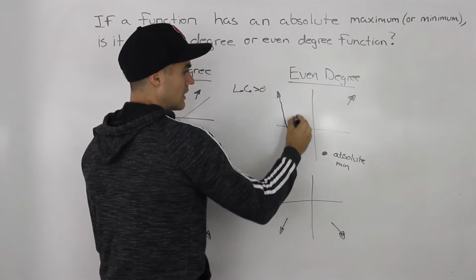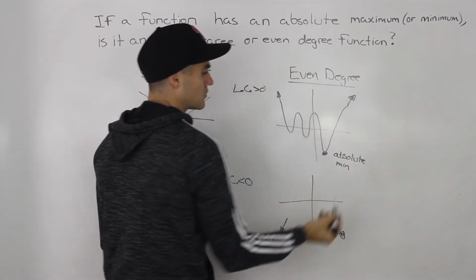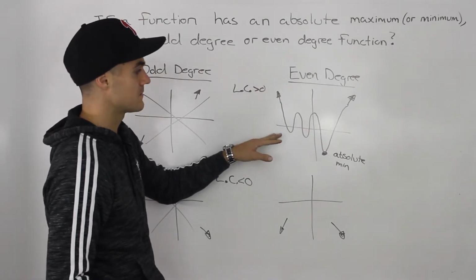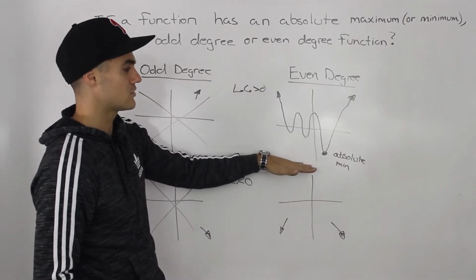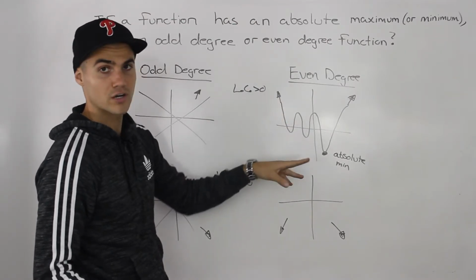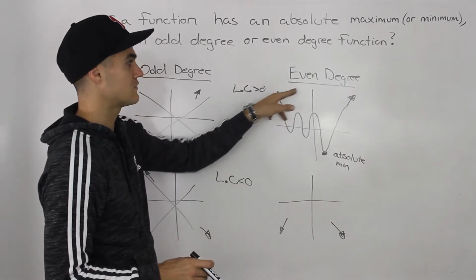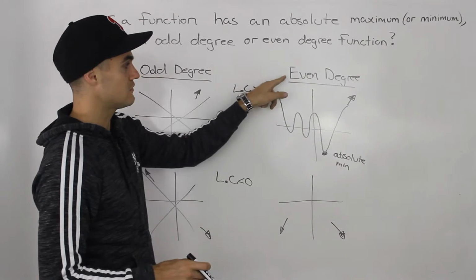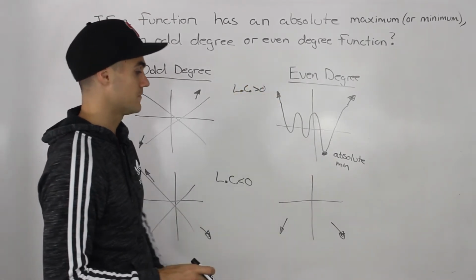So whether it has a bunch of turning points and then hits that absolute minimum and then goes back, either way, whatever shape this takes, there's always going to have to be some kind of minimum y value. The y values of an even degree function with a positive leading coefficient are never going to go towards negative infinity. So with an even degree, positive leading coefficient, there will always be an absolute minimum.